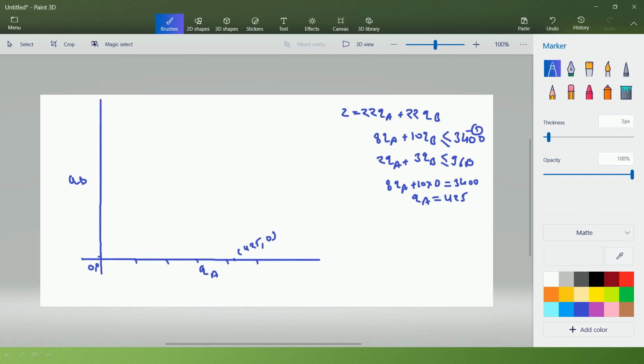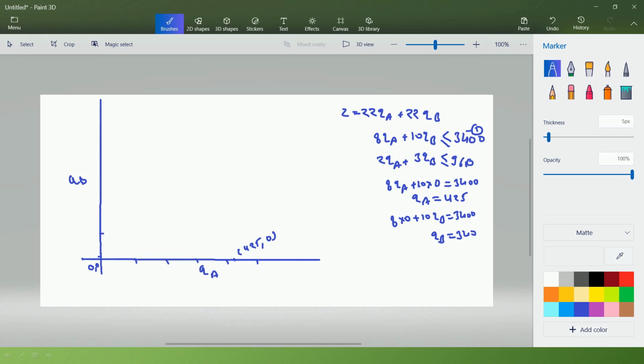Now putting QA as 0, 8 multiplied by 0 plus 10QB equals 3400. This will give QB equal to 340.